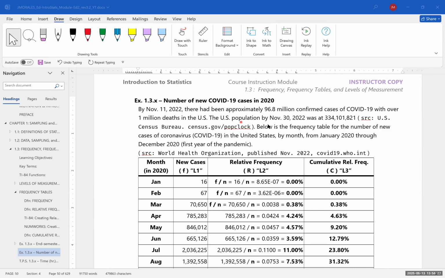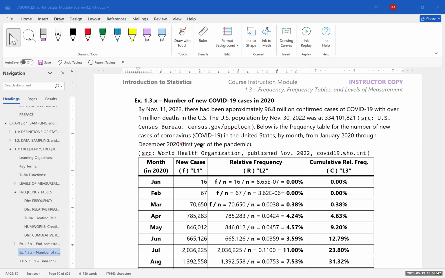The US population by November 30th, 2022 was 334,101,821. Below is the frequency table for the number of new cases of coronavirus in the United States by month from January 2020 through December 2020.